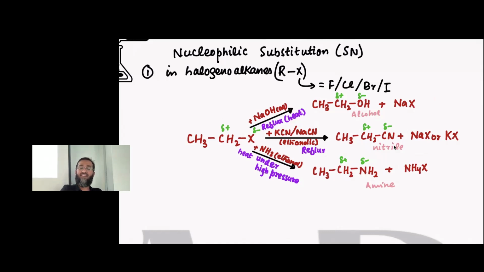Actually, I gave you the hint. It's a nucleophilic substitution. Now think. In this, the halogen is displaced by OH. So it means OH is actually a nucleophile, right? So if it's aqueous sodium hydroxide, Mariam, be focused.